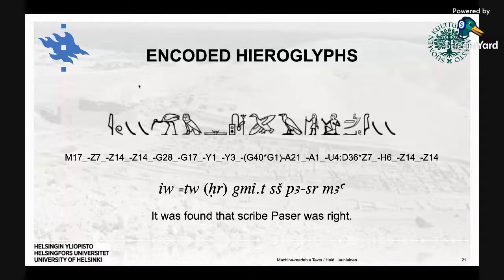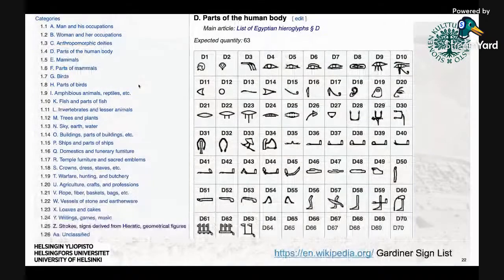The codes used come from the so-called Gardiner sign list, which is the standard reference list for Egyptian hieroglyphs. The list was compiled by Sir Alan Gardiner in 1927 for his grammar book of Middle Egyptian.